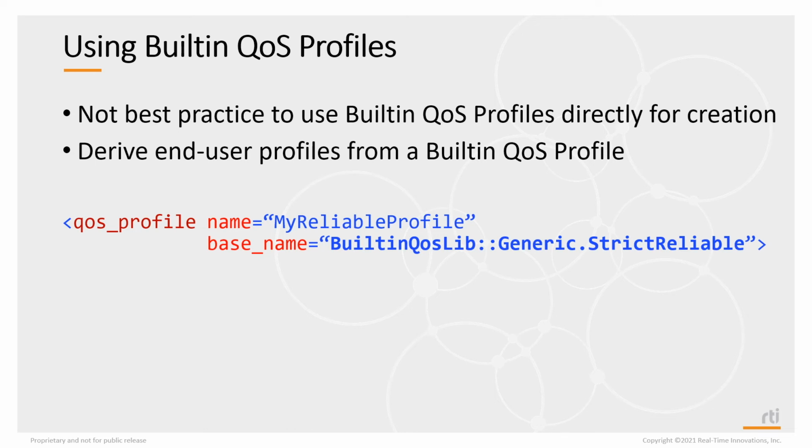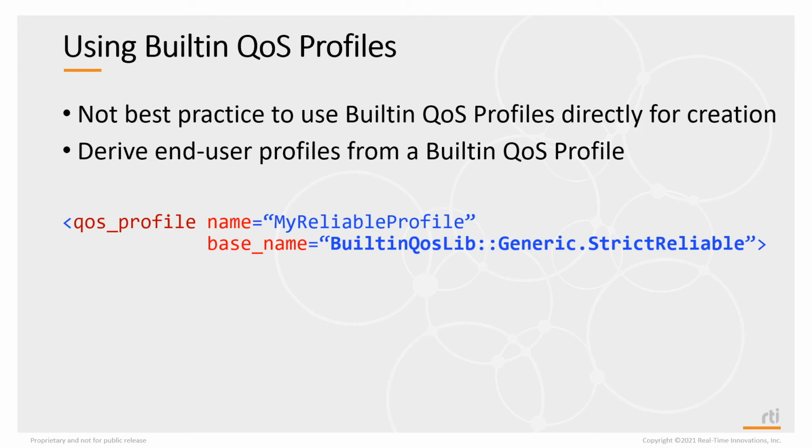If at the moment you say, well, I think I just want strict reliability, I don't know if I want to change anything, that's okay. I would still create your own reliable profile, derive it from the generic strict reliable profile, and use your reliable profile to create your object. Because later on, if you do need to make a tweak, a modification, you can.